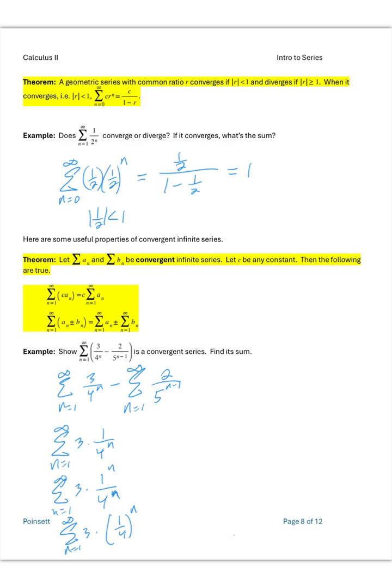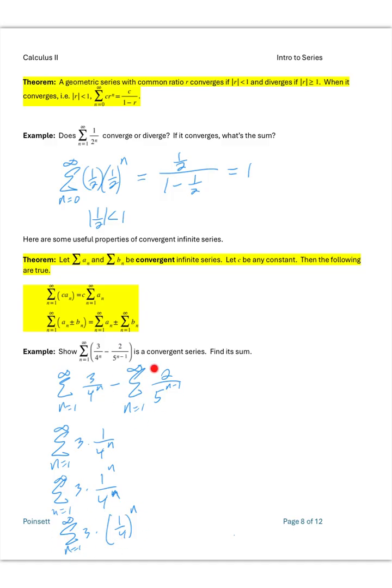Even though our series here is starting at 1, once we've gotten a number raised to the nth power, we can see this is officially a geometric series. And the actual r value, or the common ratio, is this 1/4. However, this is not the value of c since this is starting at 1 instead of 0. We will compute the value of c in a little bit, but we now know this is a geometric series with a common ratio of 1/4.